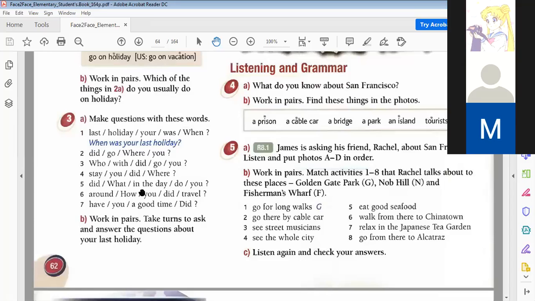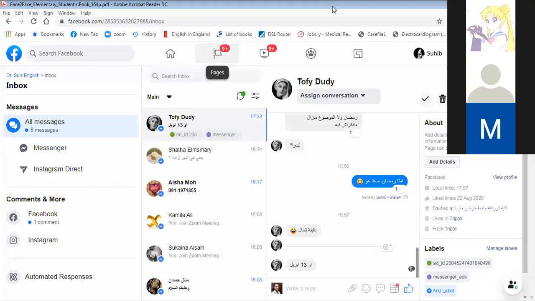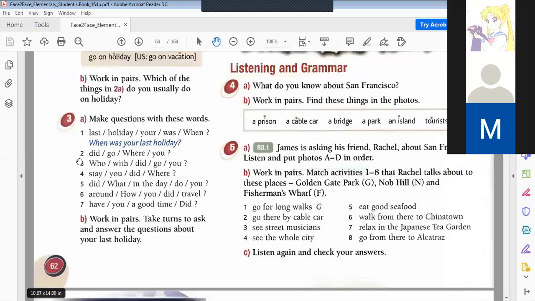Okay, good. Okay, so let's see. Let's start with number 2. Okay, Rana, can you do number 2? Okay, where did you go? Good. Okay, where did you go? Okay. What about number 3, Manal?